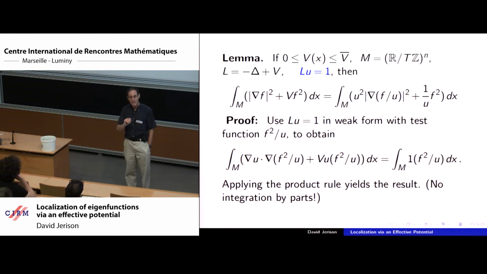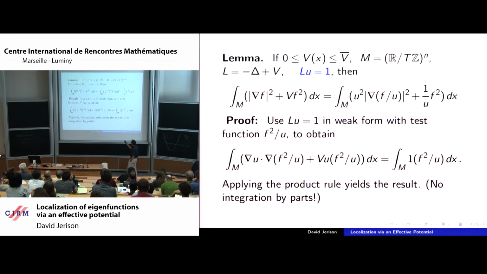It doesn't require any smoothness. It's a much more universal fact that this is true. So that means that we're going to be able to dispense with smoothness in all of our discussion. We get incredibly lucky here in that all the proofs are easy. All right, so that's the lemma.